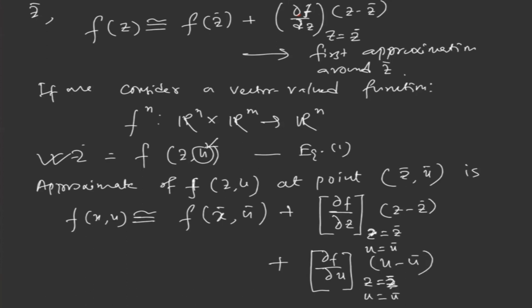This is also a first order approximation, but for multiple variables, where x and u are two different vectors, the state vector and the control vector.